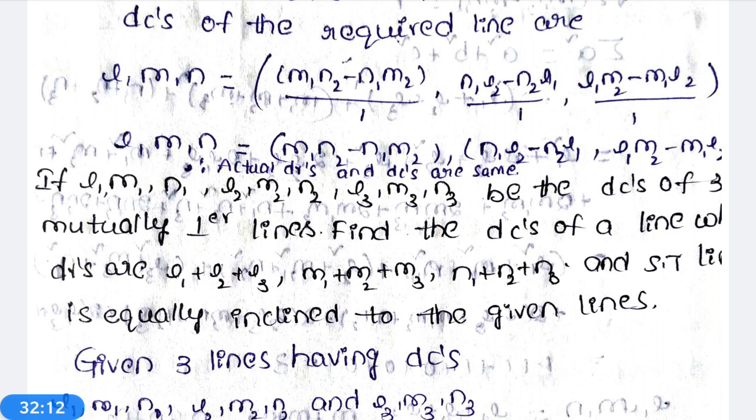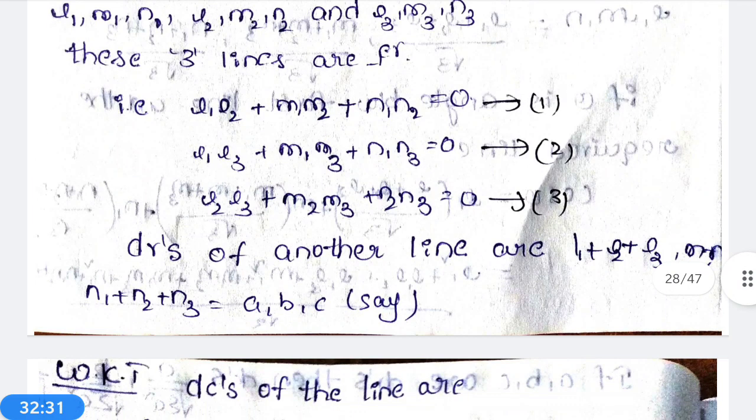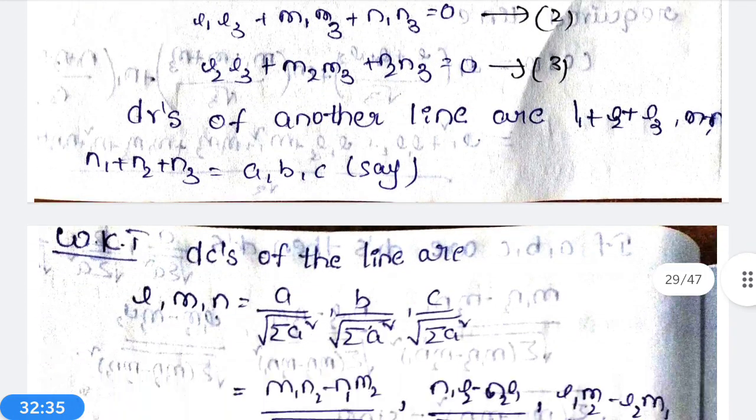These are the three conditions from the hypothesis. The DRs of the other line are l1 plus l2 plus l3, m1 plus m2 plus m3, n1 plus n2 plus n3, which is equal to, say, a, b, c.